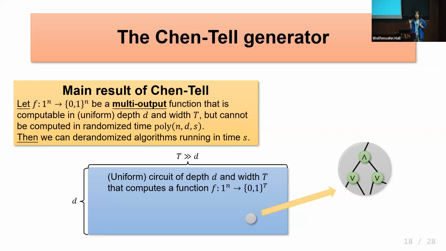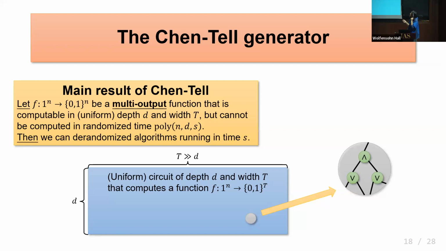Actually, there is some polylog dependence on T and n. In our application, you can think of D and n as polynomial and T as exponential.